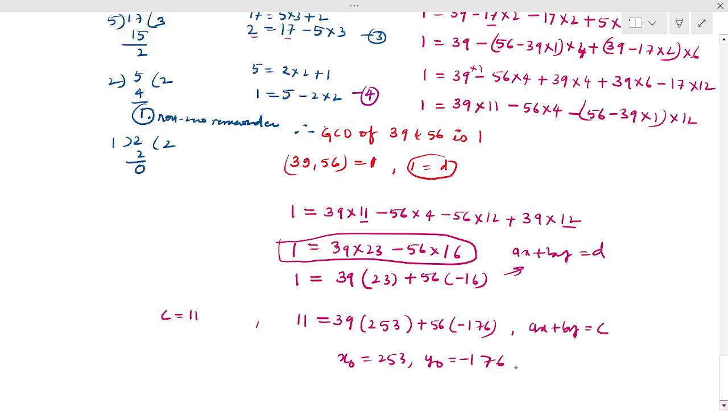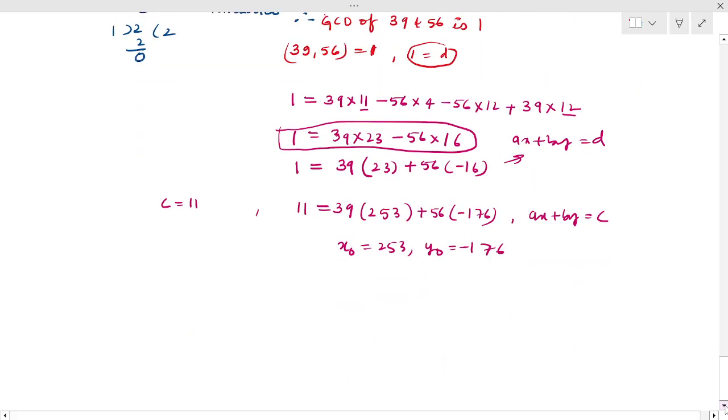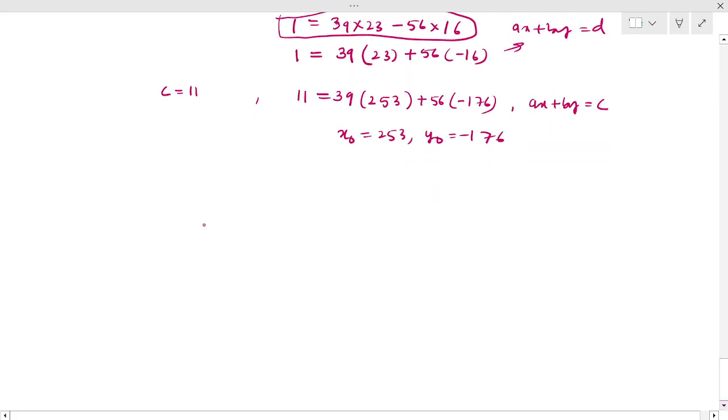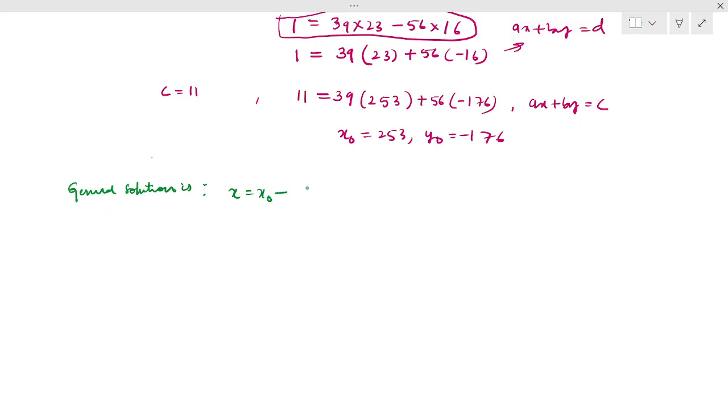Once you get the value of x0 and y0, the particular solution, now you can write the general solution. What is the general solution? The general solution is x is equal to x0 minus b by d into m, and y is equal to y0 plus a by d into m.